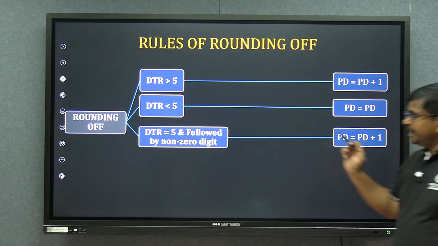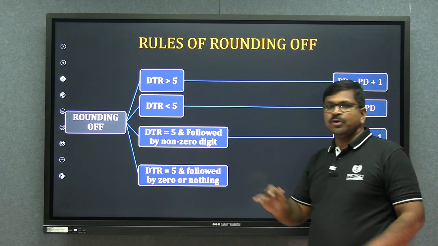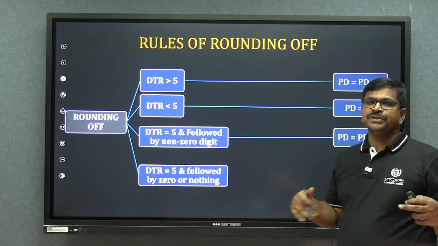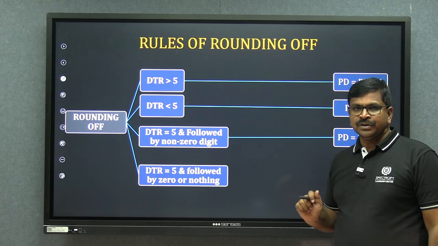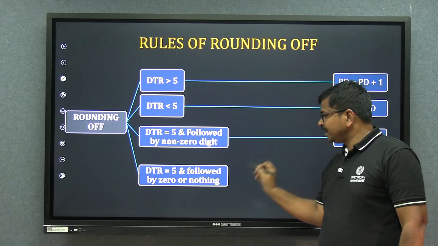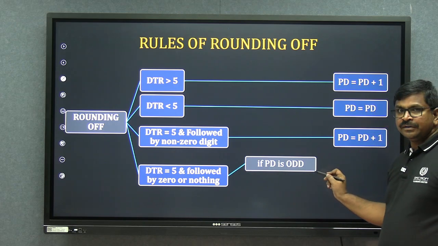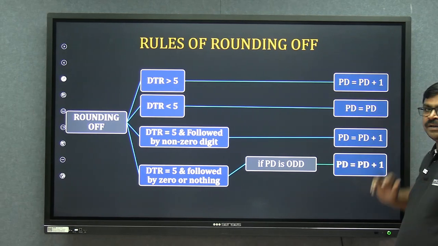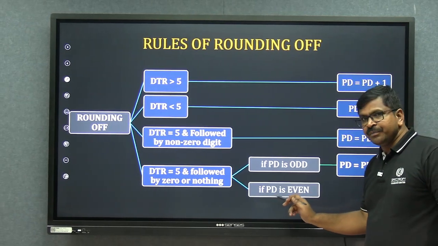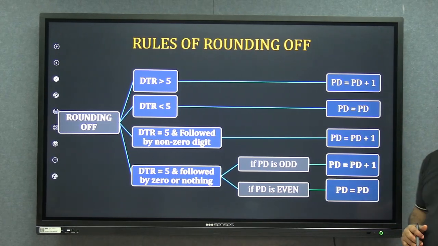Suppose if DTR equal to 5 and followed by nothing or 0, in that case you must be careful, and here the checking point is PD. If the PD is odd number, PD must be increased by 1. If the PD is even number, PD remains same.